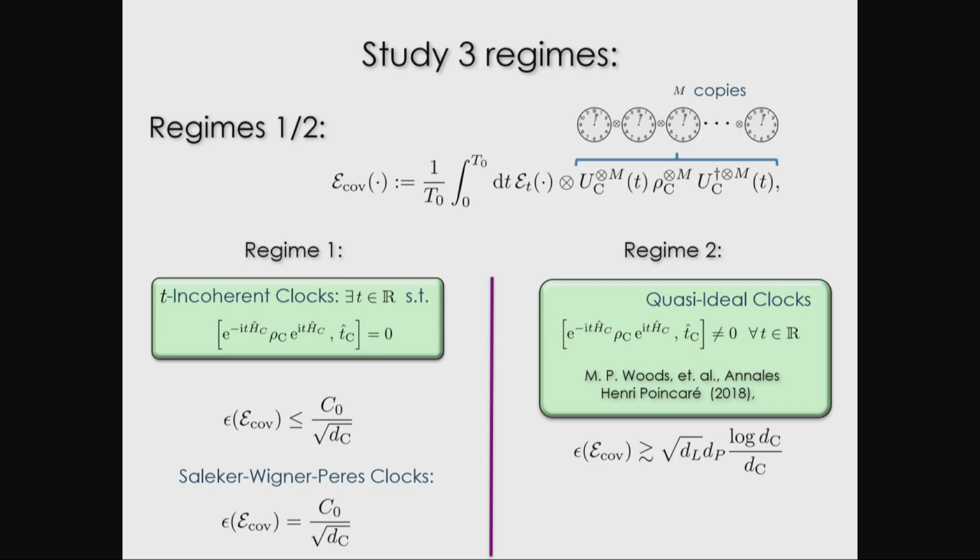But then in the second regime, we looked at clocks which are not T-incoherent. So for all times in their evolution, they never commute with the time operator. And in particular, we looked at what are called quasi-ideal clocks, which were introduced by myself and Kohlfuss in 2018.